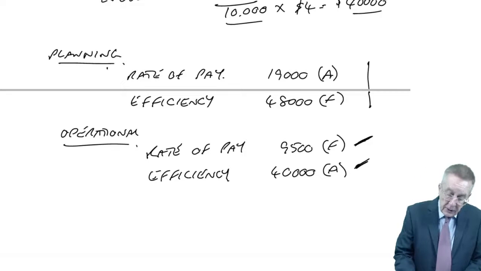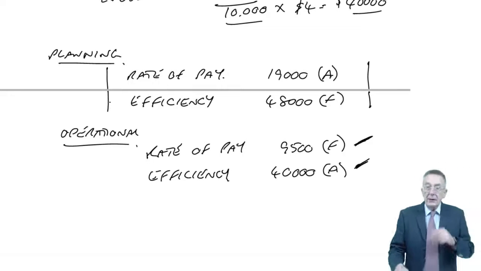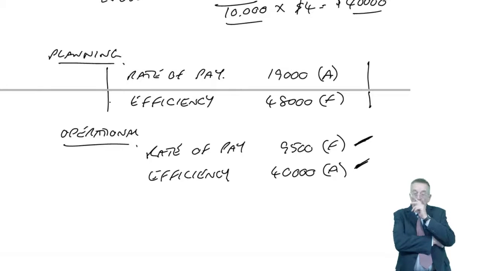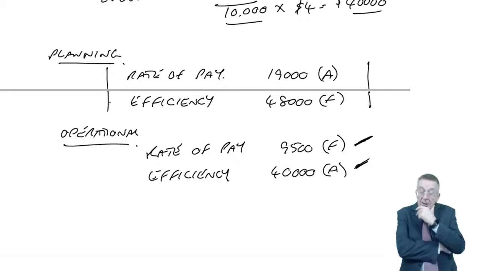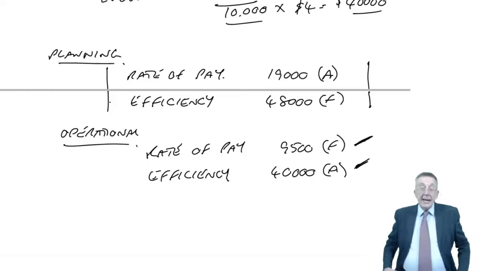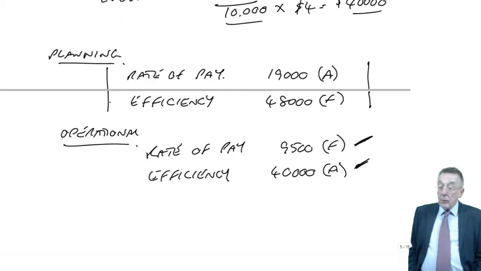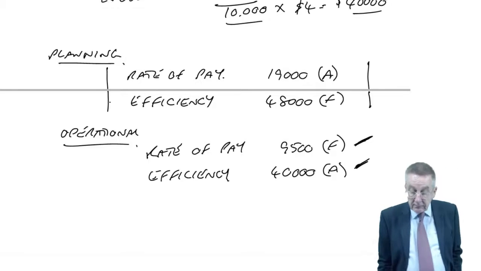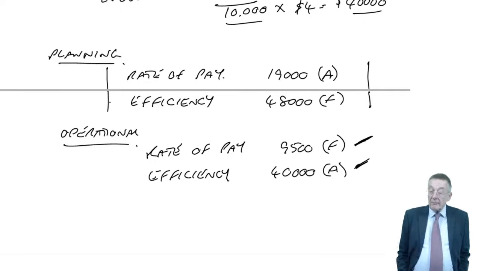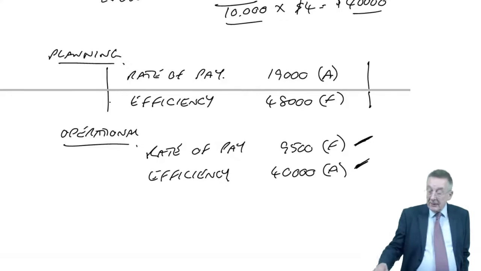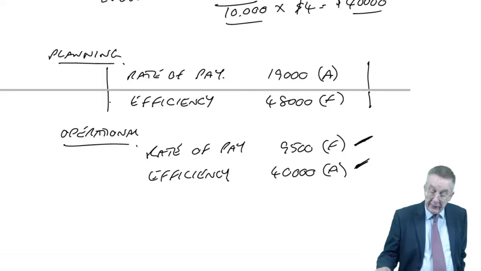Well, we can now look at it and say, was that a good idea or not? Well, here it was, because increasing the rate of pay has cost us money. But if that's the reason why we now expect them to work faster, then it was a good idea. I hope you see my point. The two together are favourable.